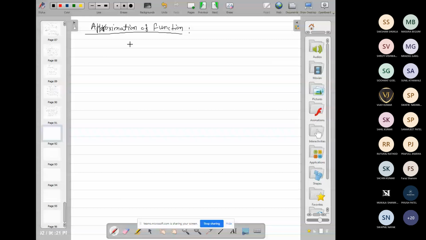If we want to evaluate the value of a function for given data, we need to store the table of data points, and then by interpolation we can evaluate the value of the function.